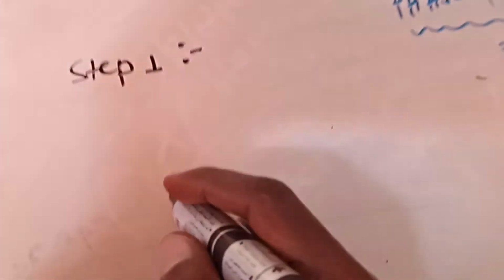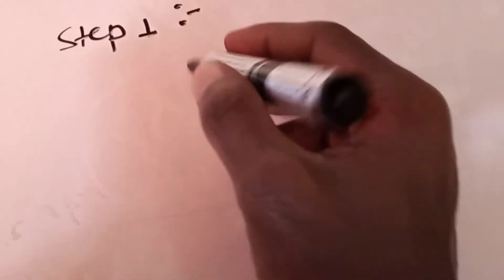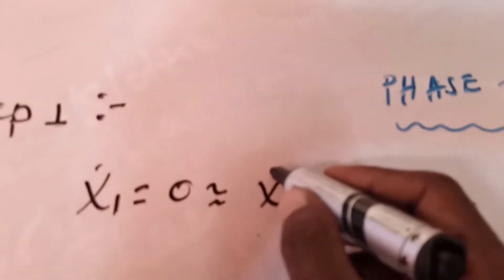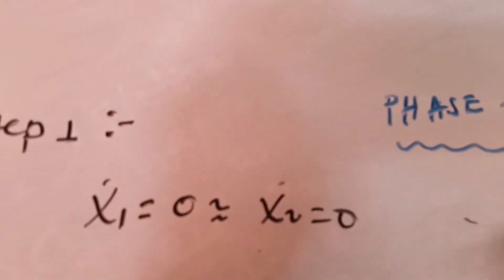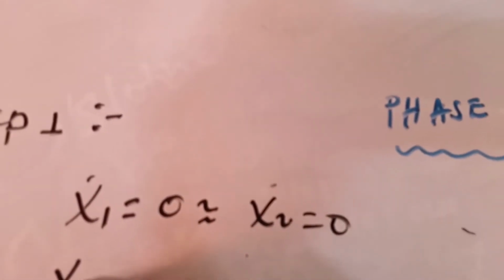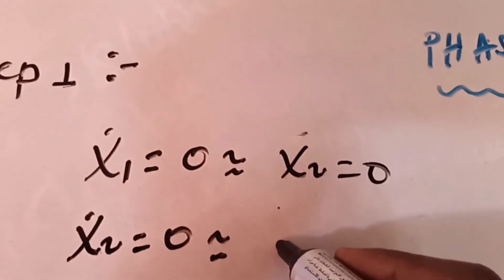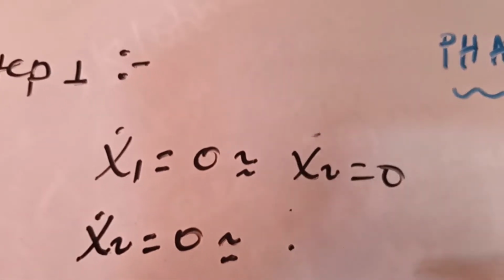Step one said finding out the singularity of the system. The singularity of the system means x1 dot equals 0, which means that if x1 dot equals 0, then x2 equals 0. If x2 is 0, then x2 dot is again 0, which means that we have x1 is 0, x2 is 0 here.